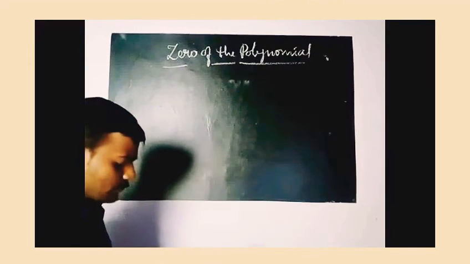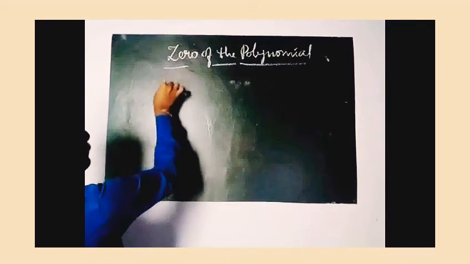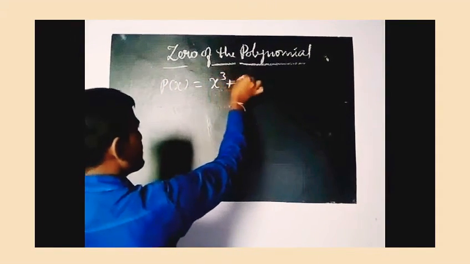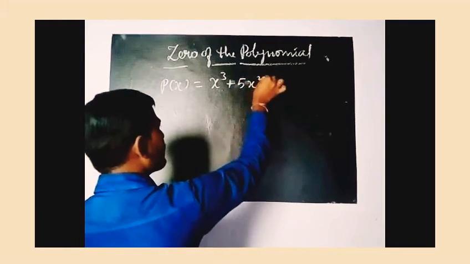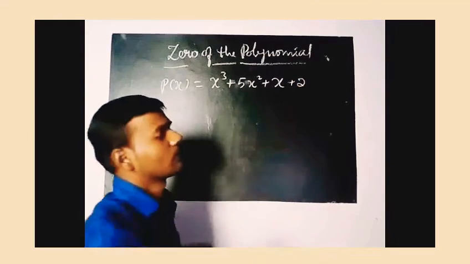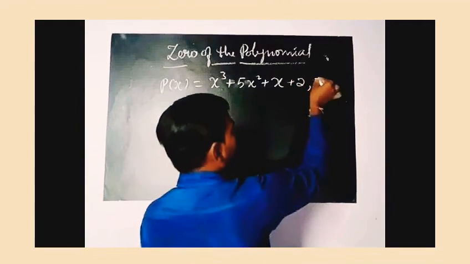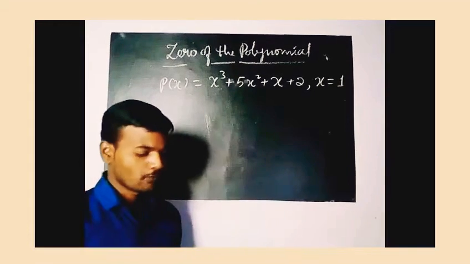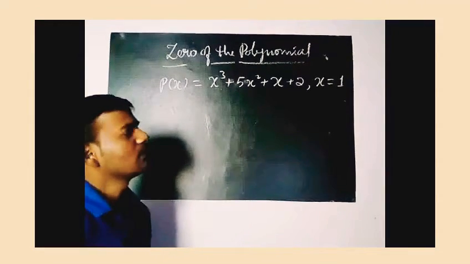Find the value of the polynomial P of x is equal to x cube plus 5x square plus x plus 2, when x is equal to 1.